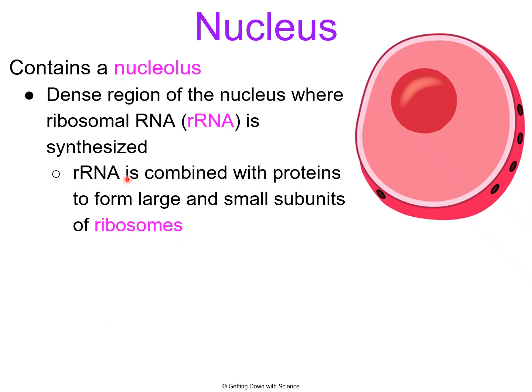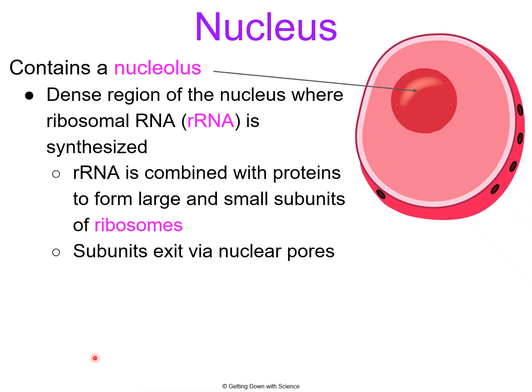Our RNA is combined with proteins to form large and small subunits that are called ribosomes. And that's a key thing. So that's where we are expecting a ribosomal subunit to be made. These ribosomal subunits will leave the nucleus via the nuclear pores. And this is pointing to the nucleolus, which is the center of the nucleus.